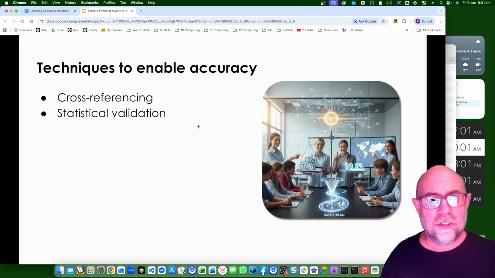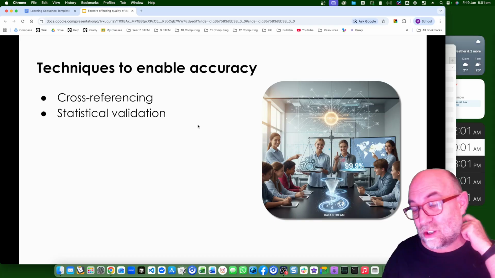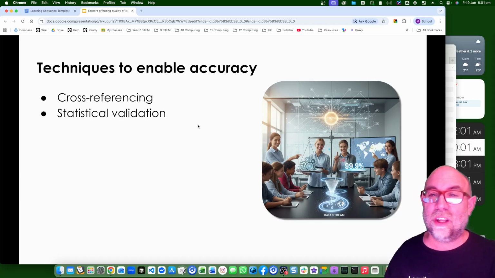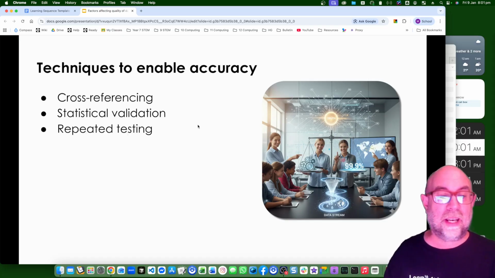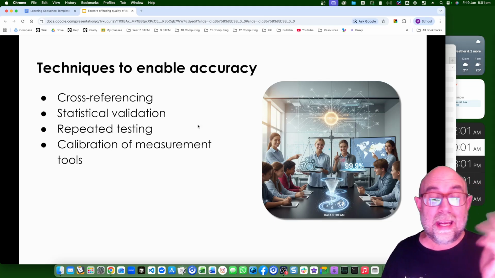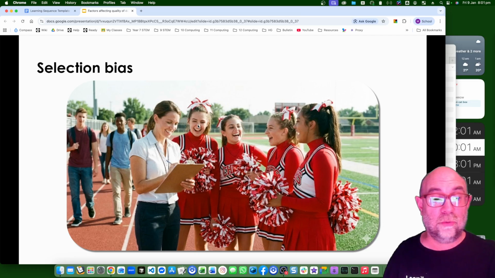Not everything holds to that model, but you can do statistical validation and say, is this data lining up with what we would expect to be true? Repeated testing is a good way to get accuracy, because if you repeatedly measure something, you're much more likely to have confidence in that as an accurate result. Calibration of measurement tools, and we're going to talk about measurement when we come to bias as well.